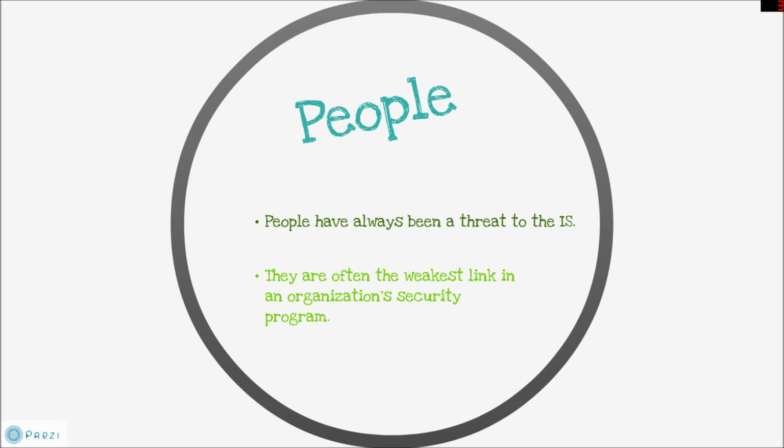Though often overlooked in computer security considerations, people have always been a threat to information security. Legend has it that around 200 BC, a great army threatened the security and stability of the Chinese Empire. So ferocious were the invaders that the Chinese emperor commanded the construction of a great wall that would defend against the Han invaders.